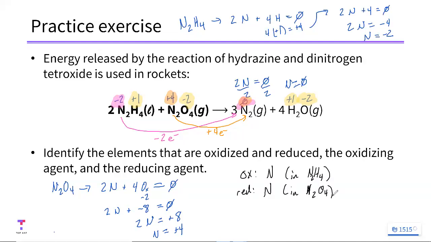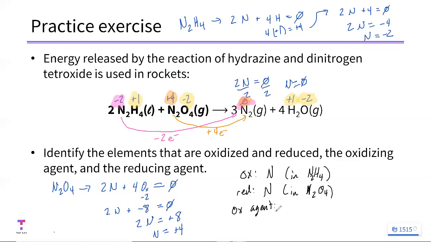Now we get to maybe the more trying task. How do we identify the oxidizing agent and the reducing agent? Because it can be really easy to get these confused. What we have to remember is that the oxidizing agent is the substance that forces oxidation.